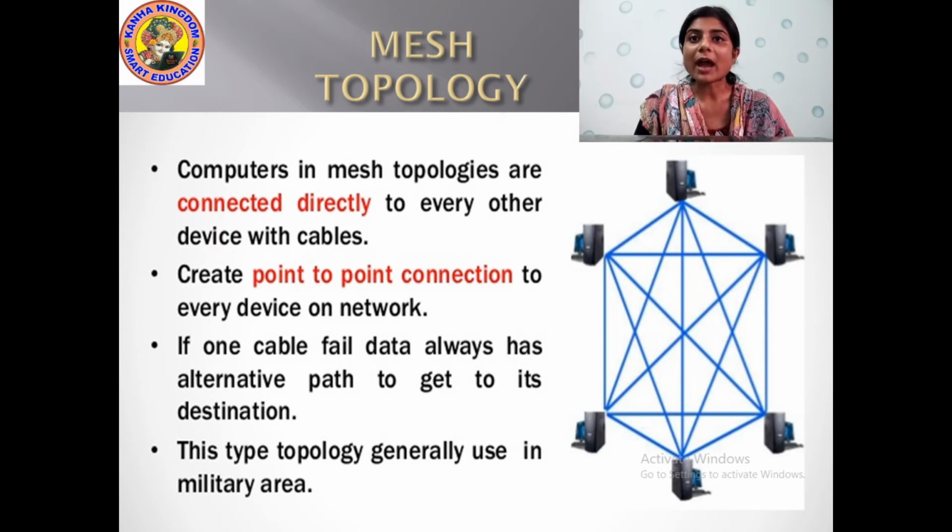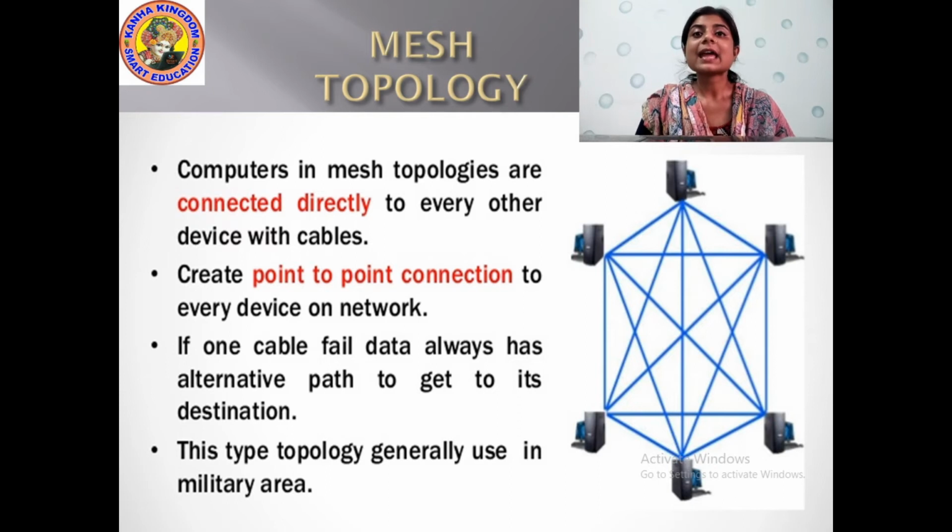If one cable fails, data always has an alternative path to get to its destination. If there is a failure of one cable, it doesn't mean that the data transfer will stop from getting to the other PC. It can choose its path from the other cable and reach its destination where the data or information is supposed to be sent.